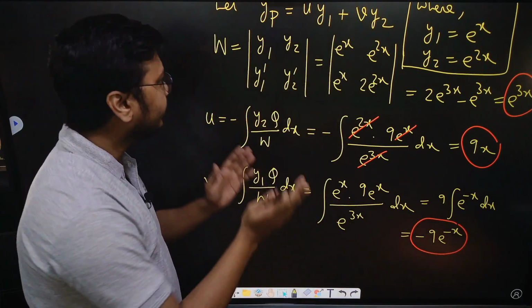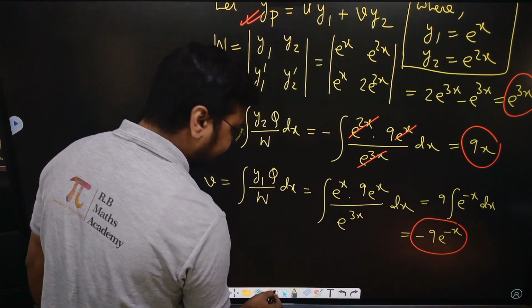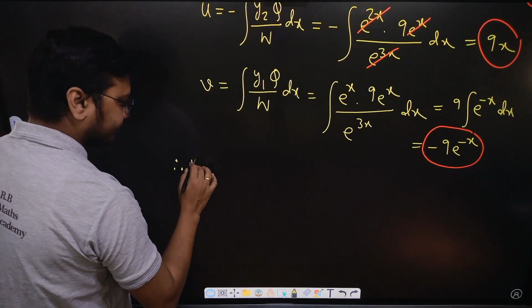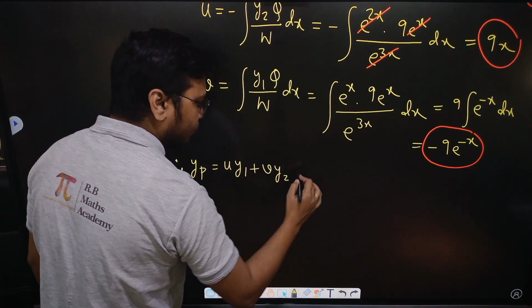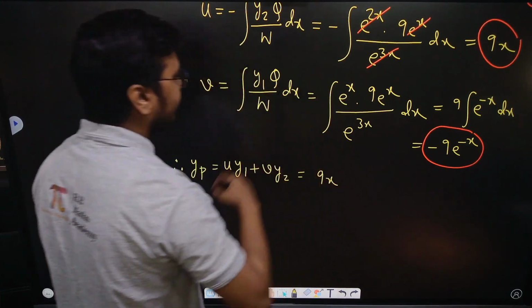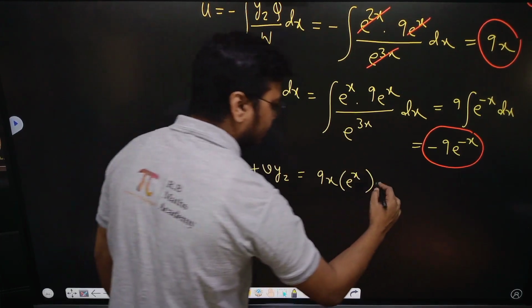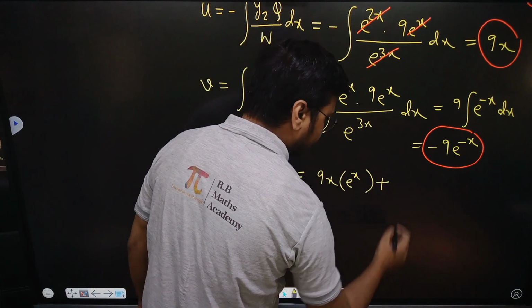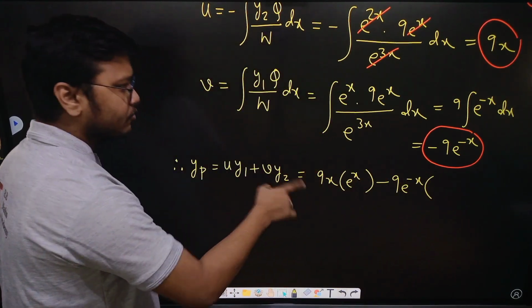Now we just need to put it in the yp equation. So my yp is going to be u times y1 plus v times y2. My u value is 9x and my y1 value is e to the power x, plus my v value, which is minus 9 e to the power minus x, times y2.